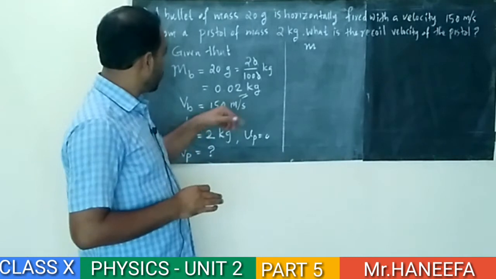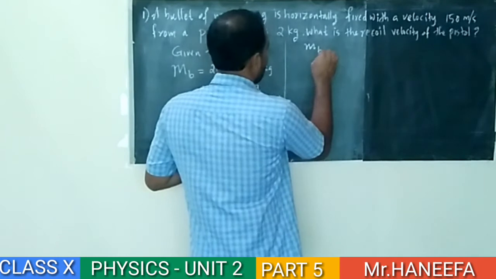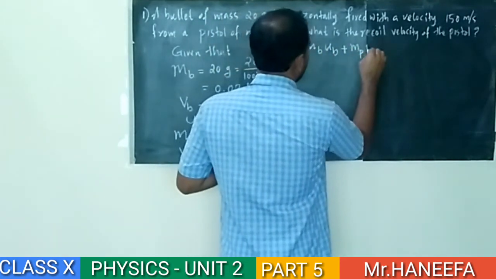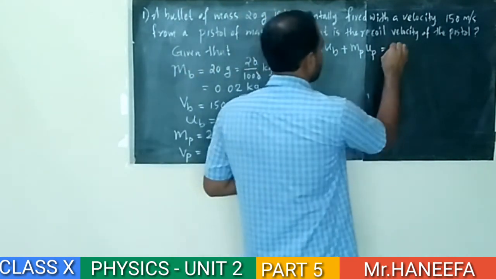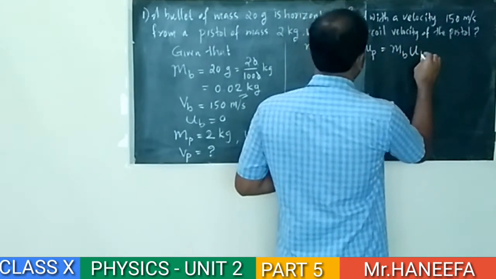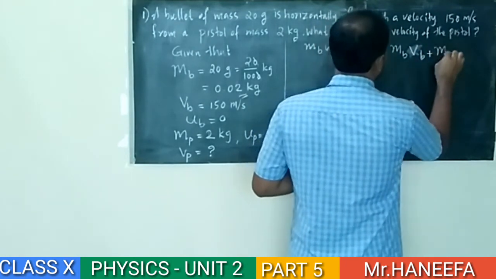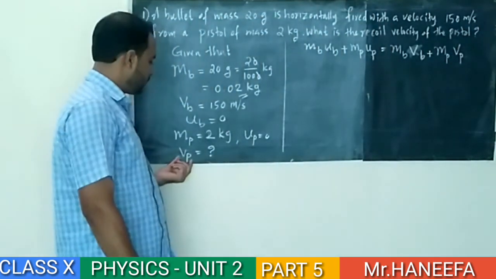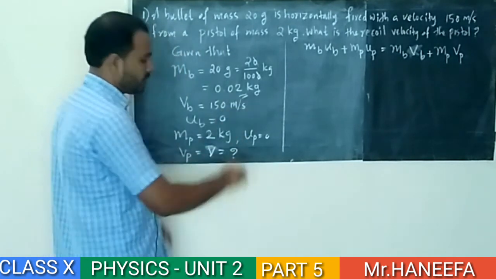Here, instead of object A, we use the bullet, so mb ub plus mp up equal to mb vb plus mp vp. We have to find vp. So we can write vp equal to V, the unknown.